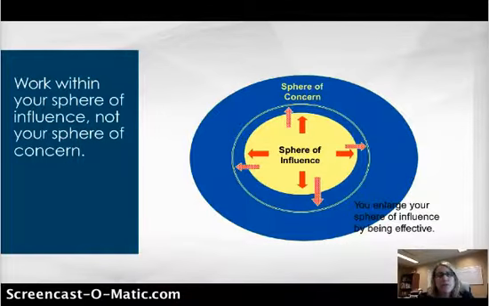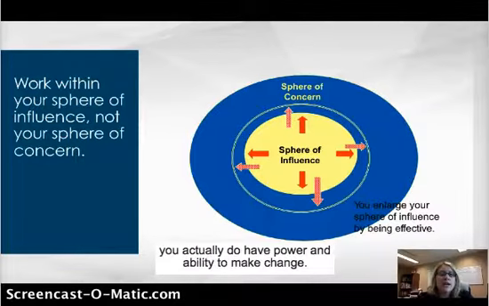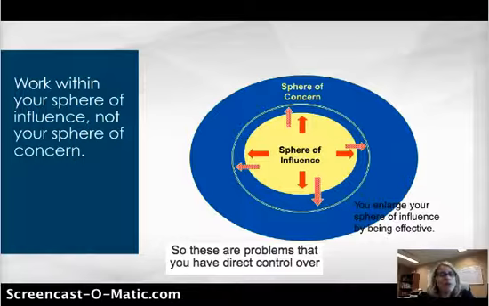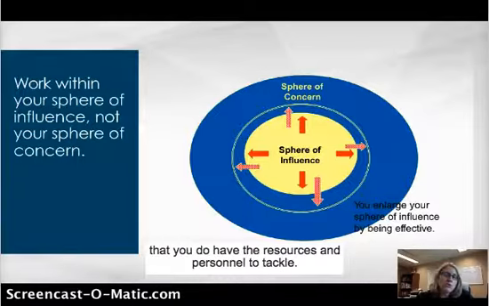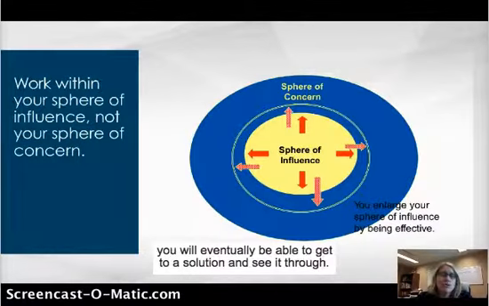Alternatively, your sphere of influence is a place where you actually do have power and ability to make change. So these are problems that you have direct control over, that you do have the resources and personnel to tackle, and that by working on these problems, you will eventually be able to get to a solution and see it through.